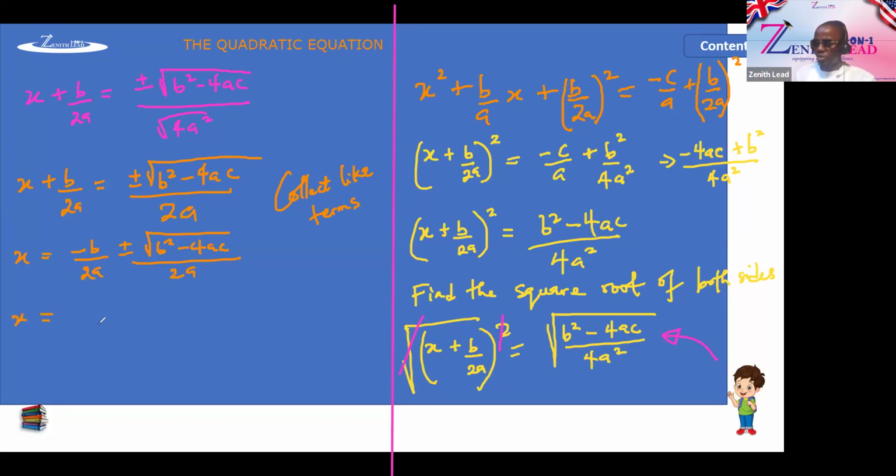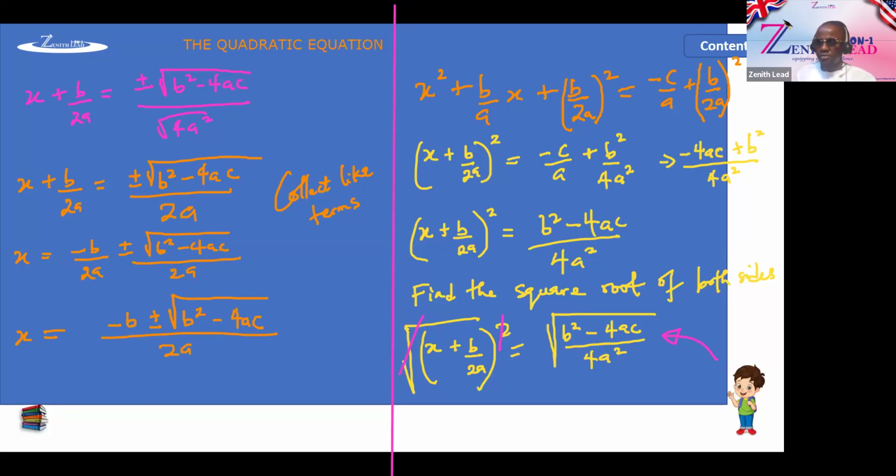So x will be equal to, now both denominators are the same, so this means that we can combine those numerators and say all over 2a, we have negative b plus or minus the square root of b squared minus 4ac.